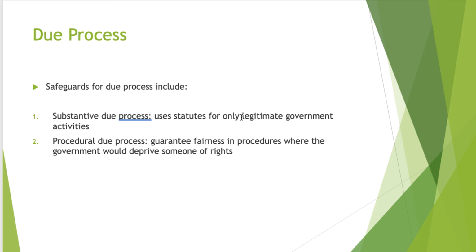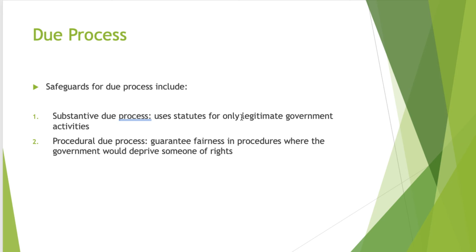This would include arrests and interrogations, like how it is police procedure to give you the Miranda rights, saying that you have the right to a lawyer and all this. This is procedural due process because they have to follow a procedure.